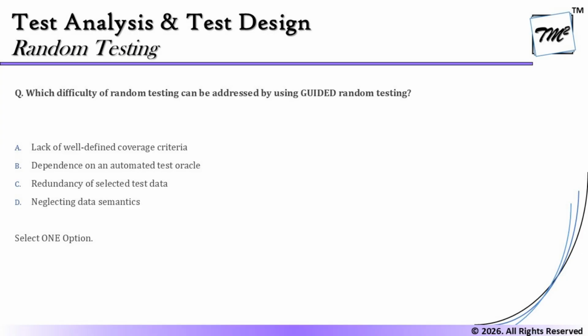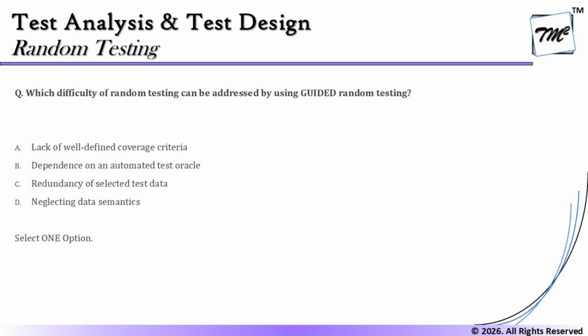If you see here, option A, a lack of well-defined coverage criteria, certainly makes it difficult to conduct random testing regardless of the type. So we need a well-defined coverage criteria. And if you talk about B, if a tester doesn't have an automated test oracle, guided random testing will be as ineffective as unguided.